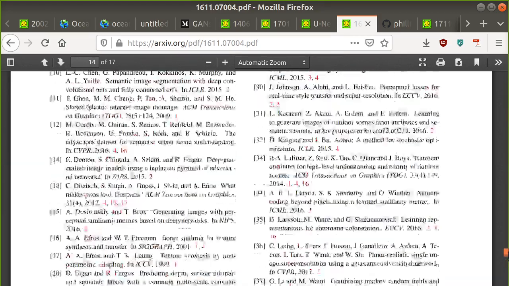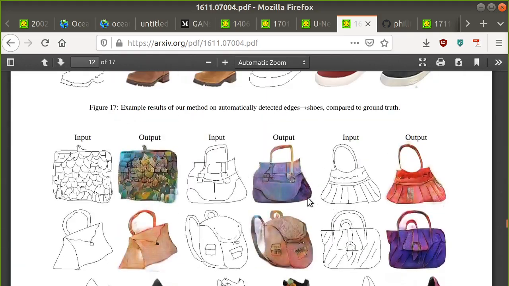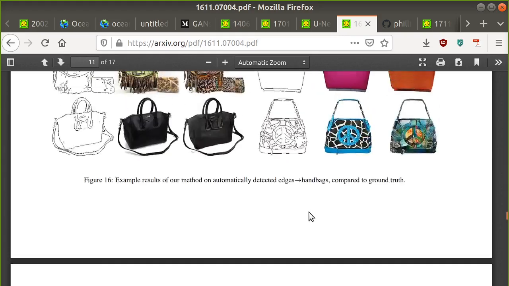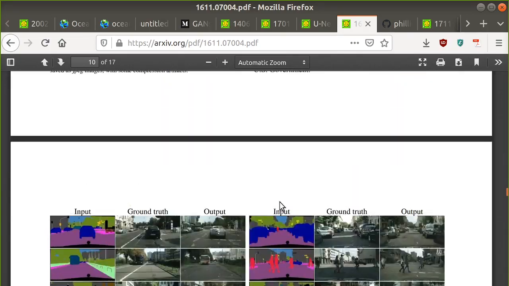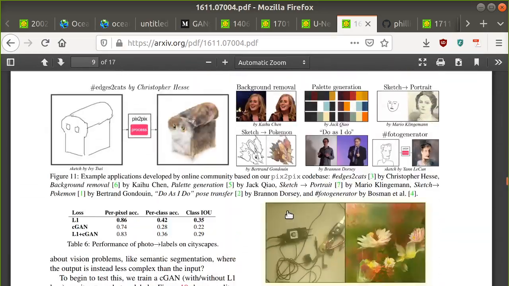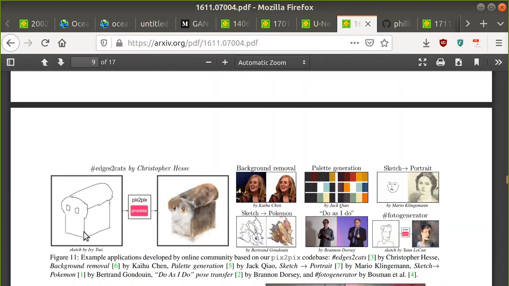Having trained this to move sketches of cats into photos of cats, they then put this into essentially a sketch of what to me looks like a loaf of bread with two eyes on it. And I think this image is just too fantastic not to mention.